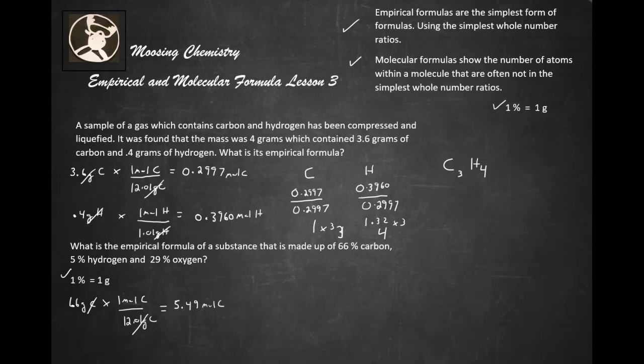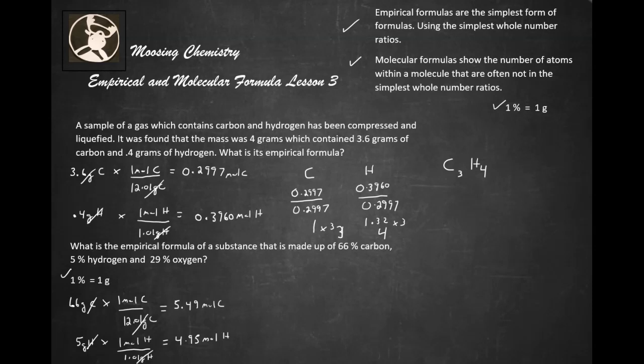The other one is going to be 5 grams of hydrogen times 1 mole of hydrogen divided by 1.01 grams of hydrogen, and that is going to equal 5 divided by 1.01, 4.95 moles of hydrogen.